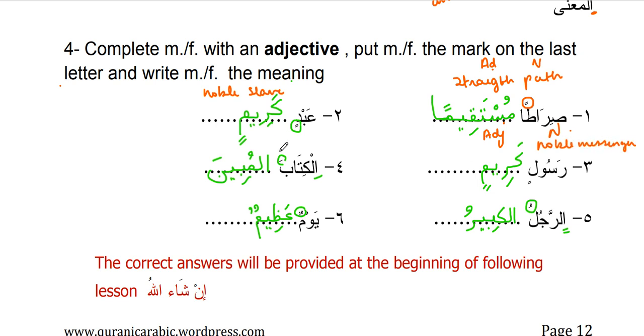Kitabul mubinu, clear book. Sorry, the clear book. Right? Then ar-rajulu al-kabiru, the big man. And yawmun azimun, great day. Why didn't I put the? Because it's nakira. The great day.